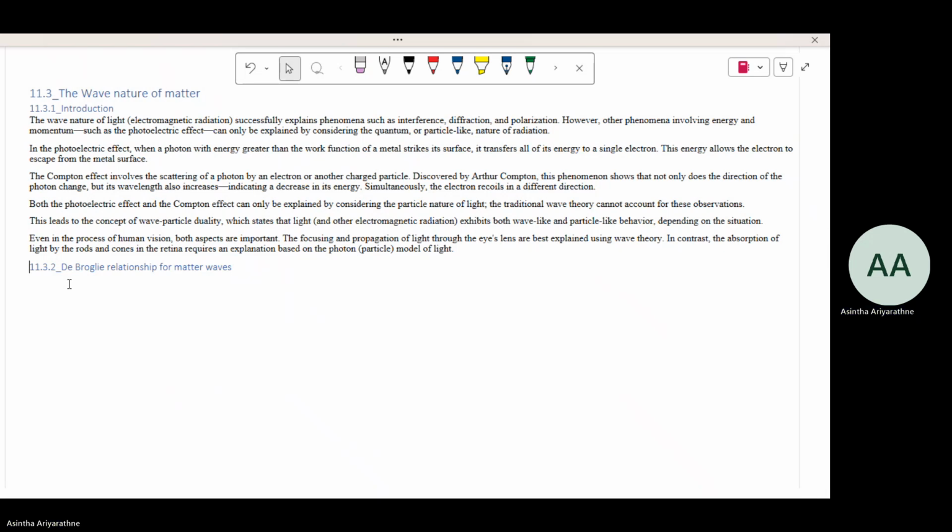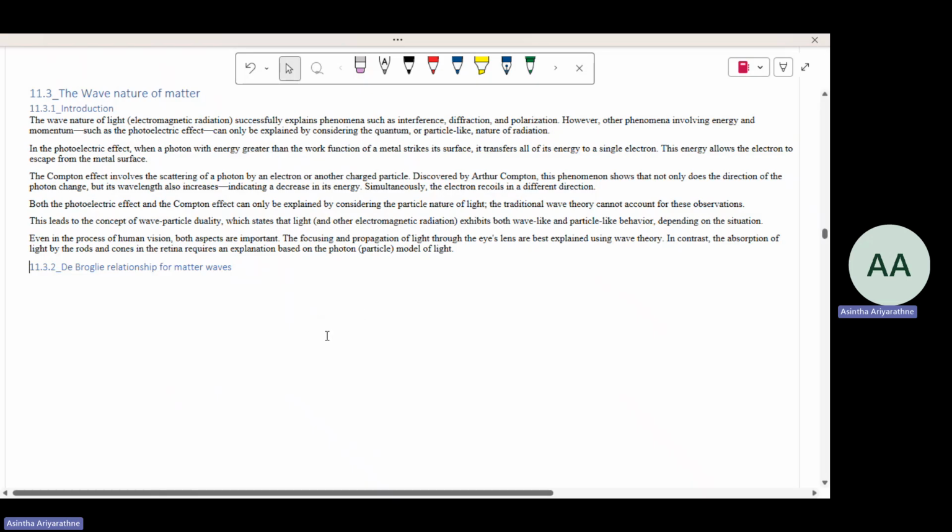And there's another effect, the Compton effect. It is the scattering of a photon by an electron or any other charged particle. Scattering means the change in path of a photon by a charged particle, which was discovered by Arthur Compton. This phenomenon also could not be explained using the basic behavior of waves.